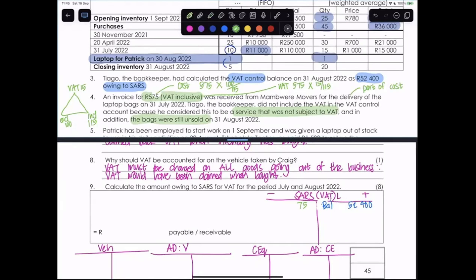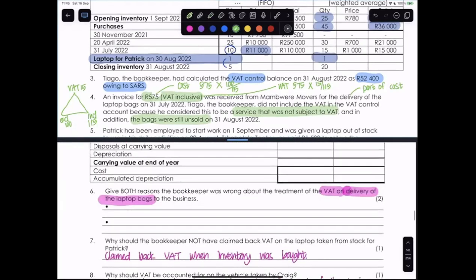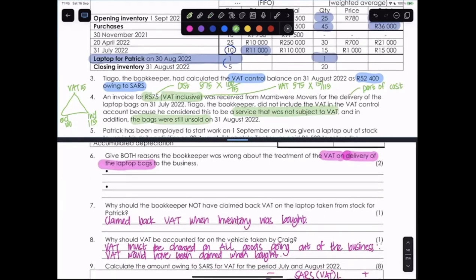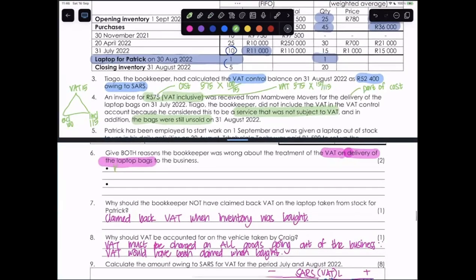But we can also use this to go and answer the question that says, why was Tiago wrong about the way that he treated the VAT on the delivery of these bags? You can see that there are two things here. The first thing is he said, oh, it's a service, and so it's not subject to VAT. Keep in mind that VAT is levied on goods and services.